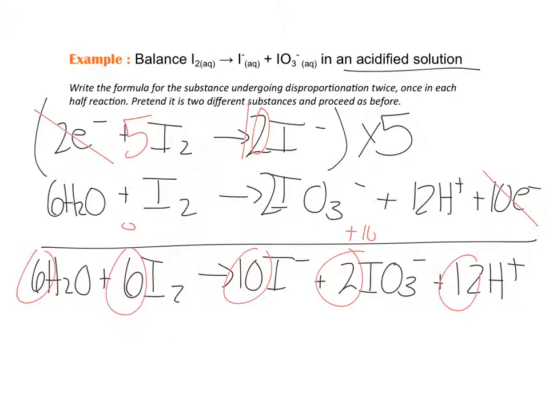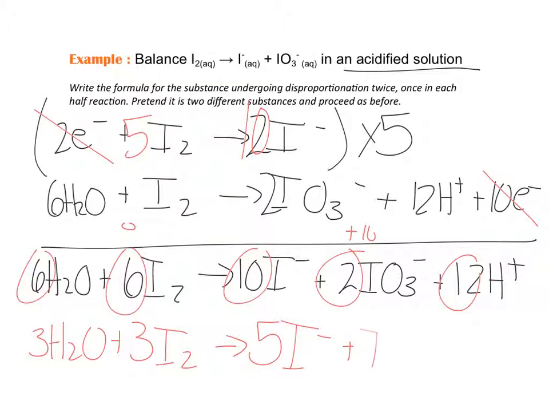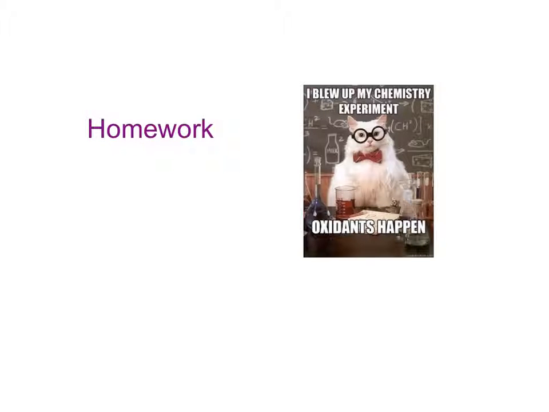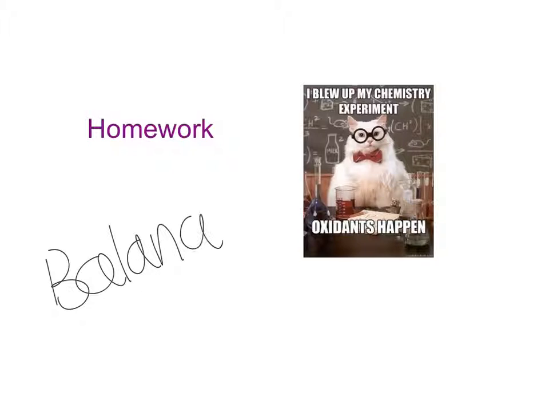So you can reduce to 3 H2O, 3 I2, 5 I minus, IO3 minus, and 6 H plus. All right, so your homework is the balancing portion of your work booklet.